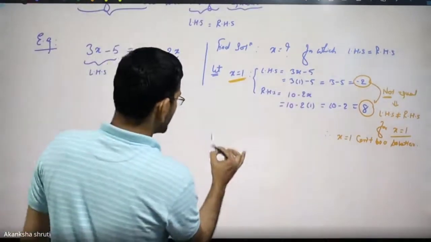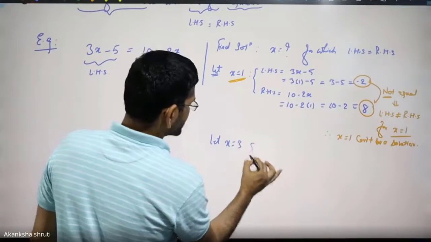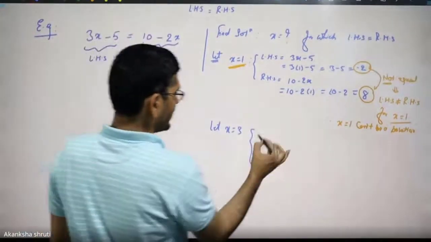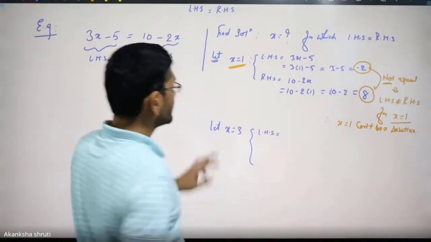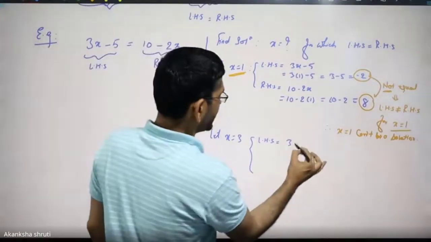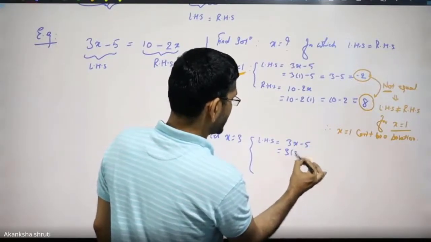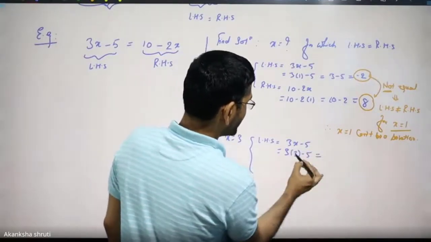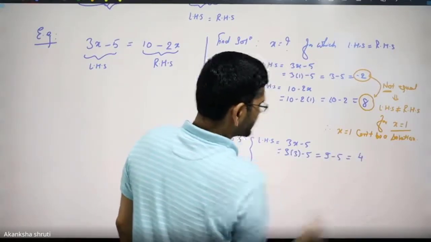So this way, by assuming we cannot easily get the value of x, but let us assume a few more values. If we consider x equals 3, then what is going to happen? For x equals 3 in the LHS, 3x minus 5 becomes 3 into 3 minus 5. 3 threes are 9, minus 5, it is coming as 4.